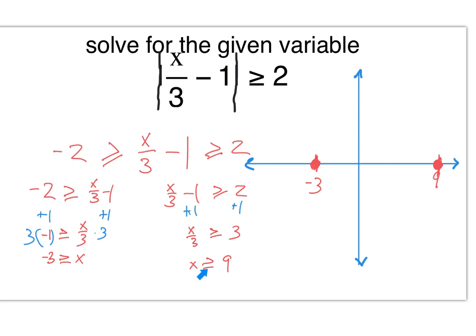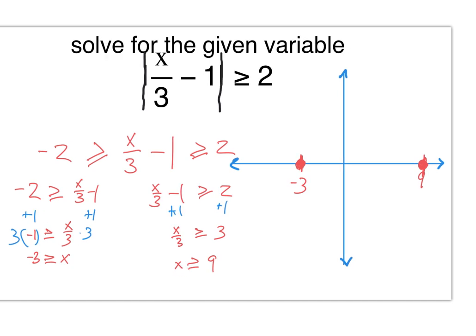Again, because greater than or equal to. X greater than or equal to 9. Greater than is up this way. Negative 3 is greater than x. Well, there's the negative 3, and if negative 3 is larger than x, then I'm talking about shading to the left.